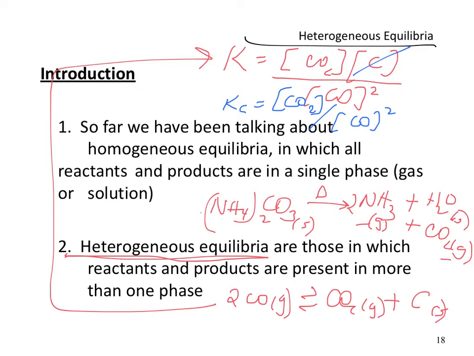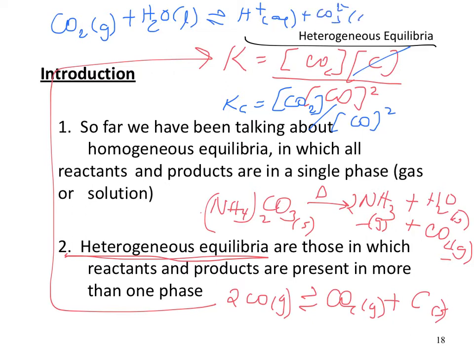So if you had something like perhaps CO2, which is a gas, you're treating it with water, which is a liquid, and that gives you H plus, that's aq, plus bicarbonate, with one negative, so H2CO3. Since H2O is a pure liquid, that's not going to feature in our equilibrium expression.